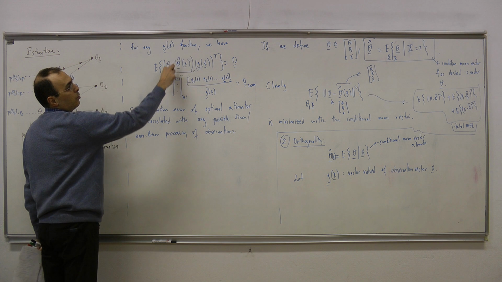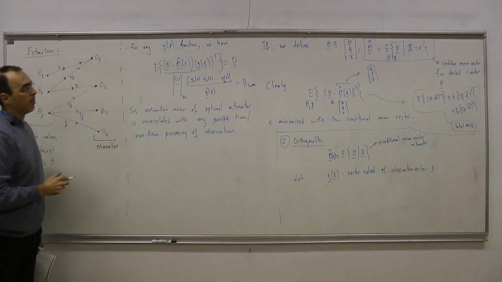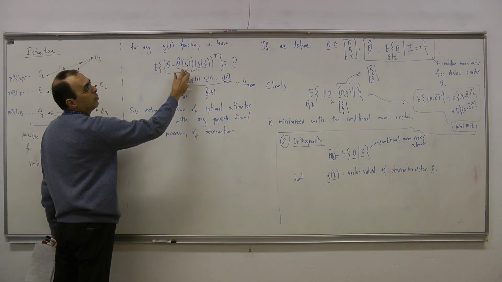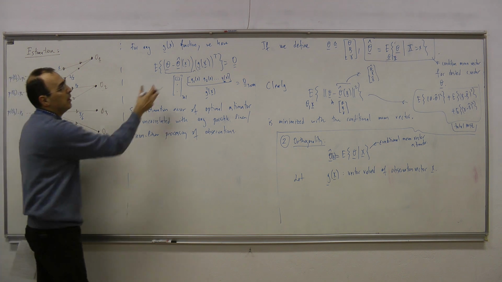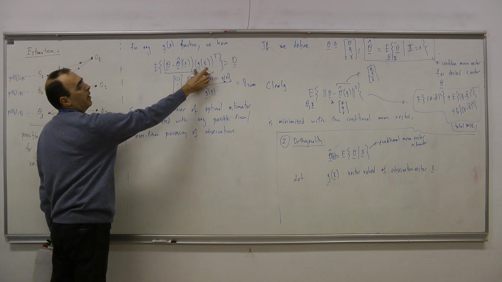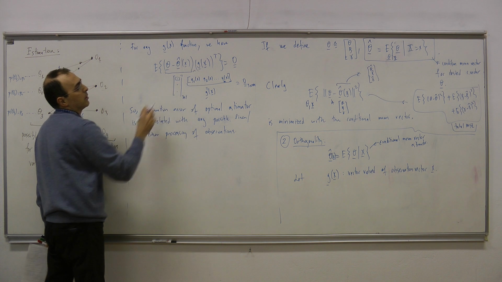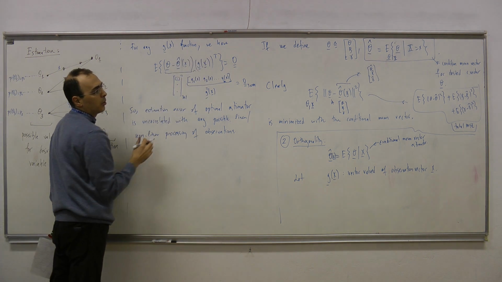Our estimation error remains uncorrelated not only with the linear processing of observations, but also with any nonlinear processing of observations. So you may say that there is no information left by nonlinear processing to extract to improve this estimator, because whatever you do, your estimation error remains uncorrelated.